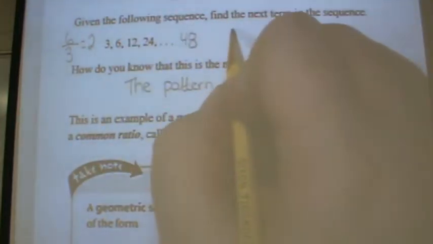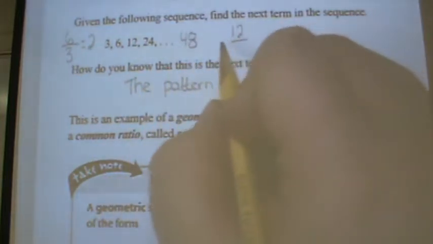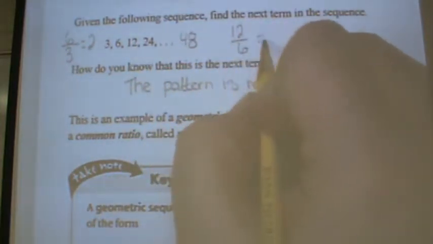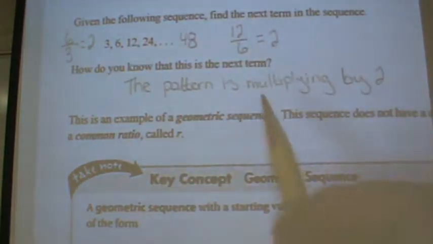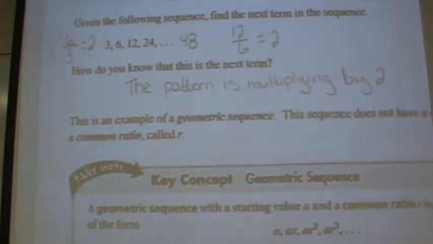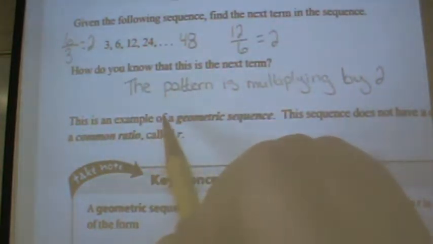What if we took 12 and divided by the previous term? So 6. 2. So does that give us our 2? So that's what we're looking at with these geometric sequences. You have to find that common ratio. So you're going to be dividing 2 consecutive terms, the second term by the previous one.